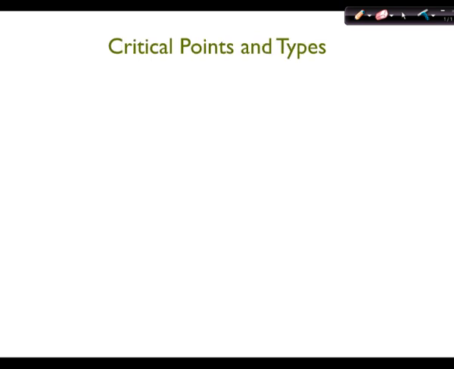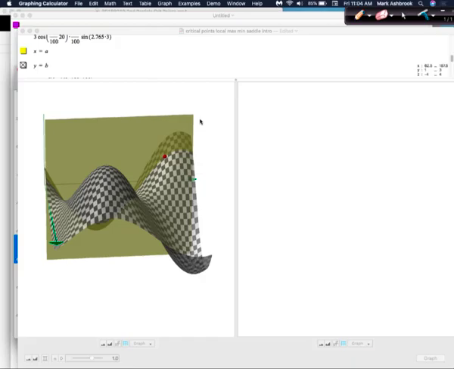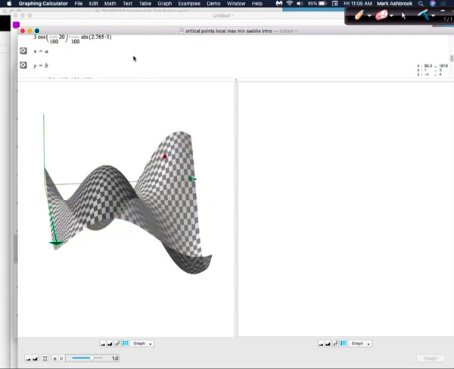Okay, so let's practice. Back on this graph. I'll do this one first. Okay, so what do you think?